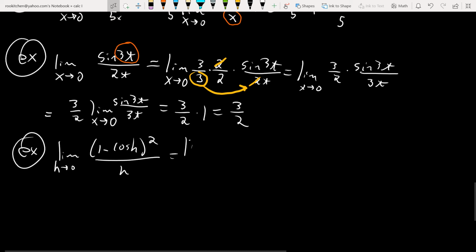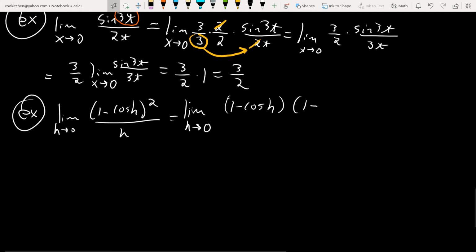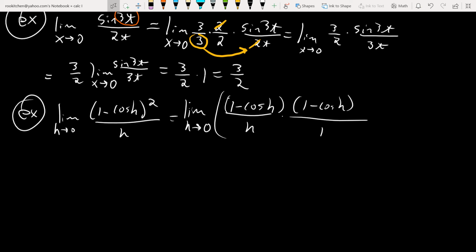I'm going to rewrite it by factoring, right? So 1 minus cosine squared h is the same as 1 minus cosine h times 1 plus cosine h, right? And then I could rewrite that like this. And note, if I multiplied that all back together, I'd get back to where I started, right?